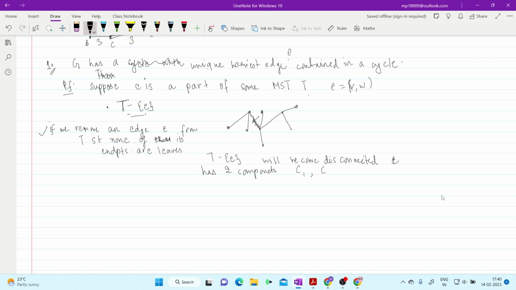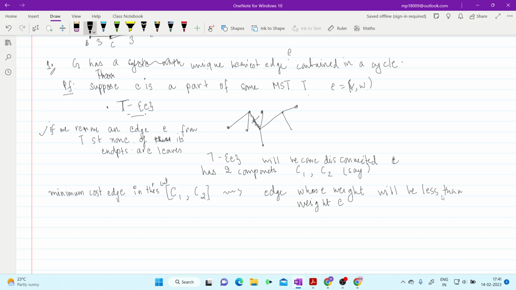It has two components, C1, C2, say. Now if we compute the minimum cost edge in this cut, we'll get an edge F whose weight will be less than the weight of E, because E was the highest weight edge.